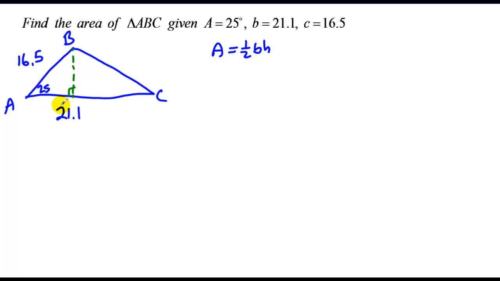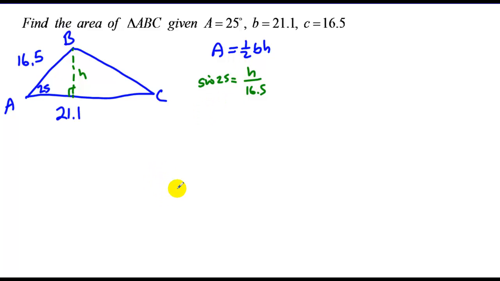And I can get the height, h, by using a sine ratio and just say I know the sine of 25 equals h over the hypotenuse. Right? And then I have the base, which is 21, and now the height, which I'll solve for.